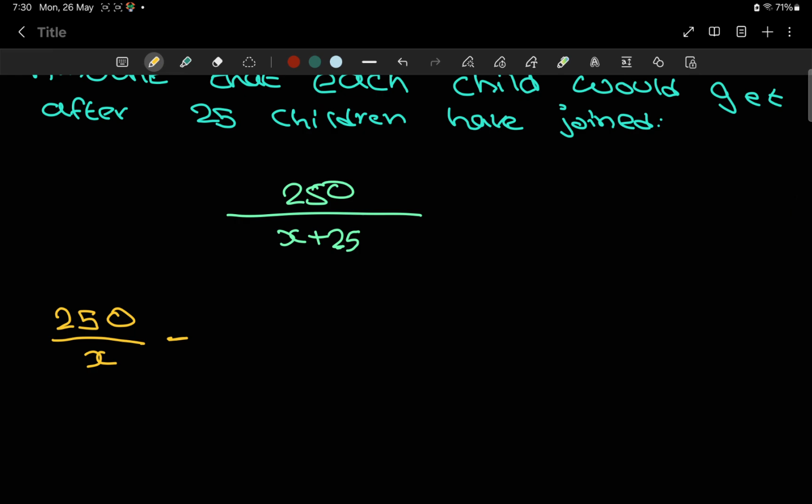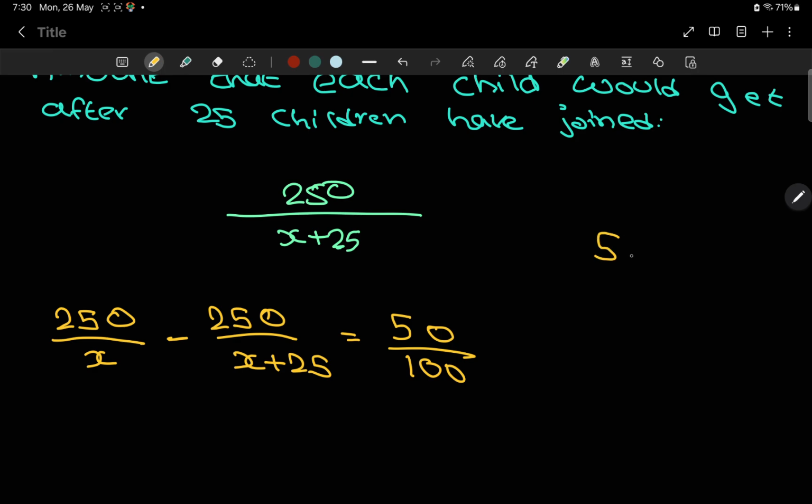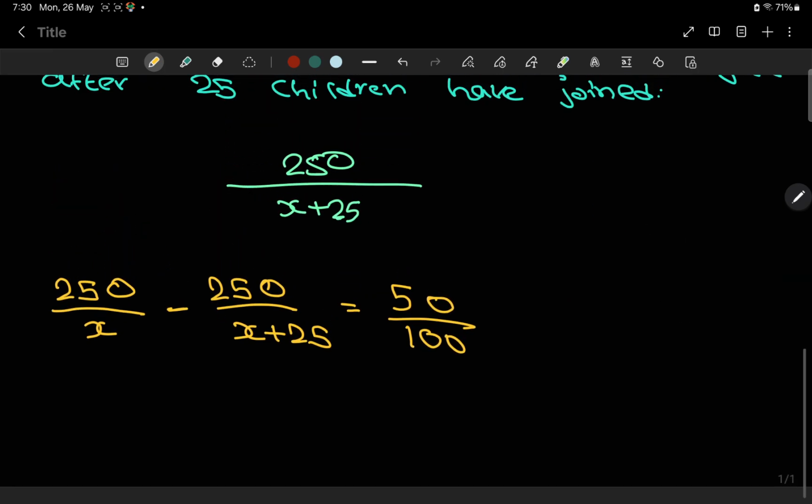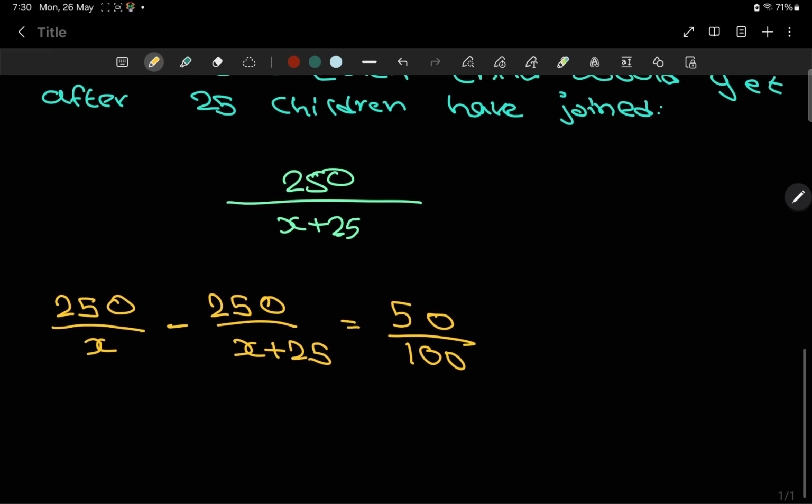So 250 by x minus 250 by x plus 25 is equal to 50 by 100. It's 50 paise, right? 50 paise can be written as 50 by 100 rupees. So we are now converting 50 paise into rupees.